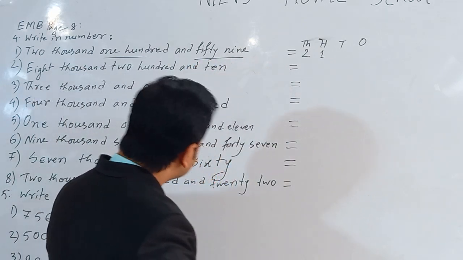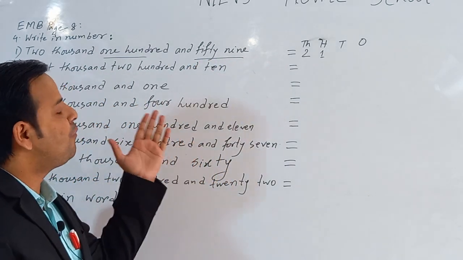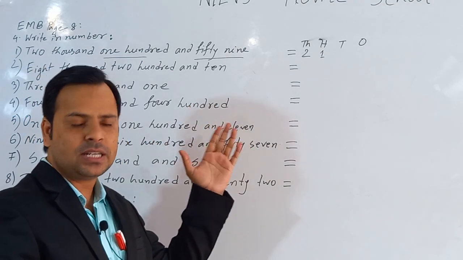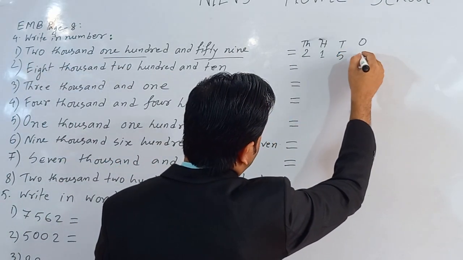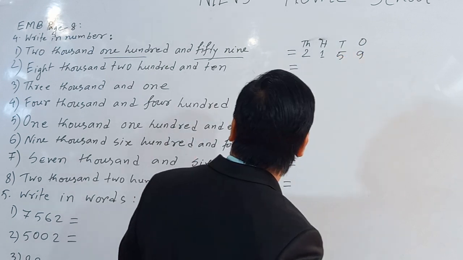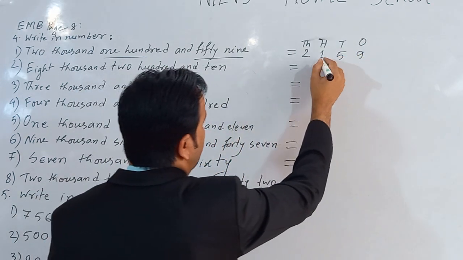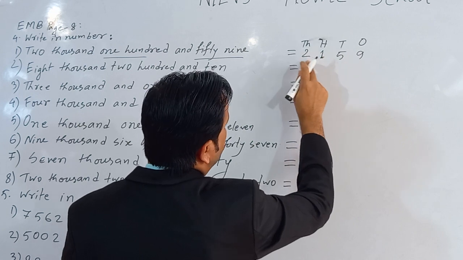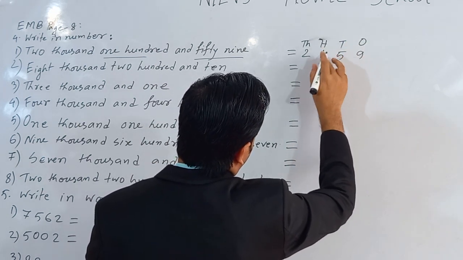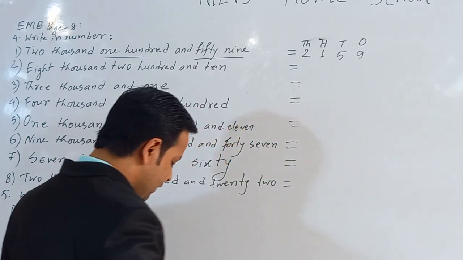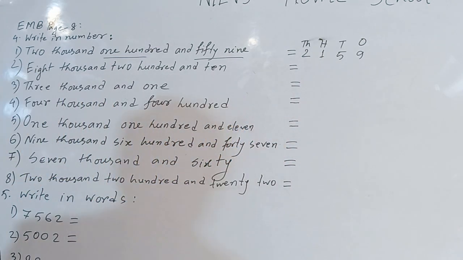To write 59, we have to write 5 in tens position and 9 in ones position. So this is now the number 2159. The rest of the numbers we can write similarly.